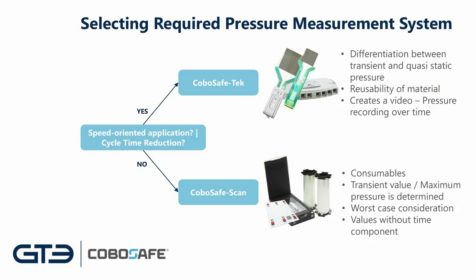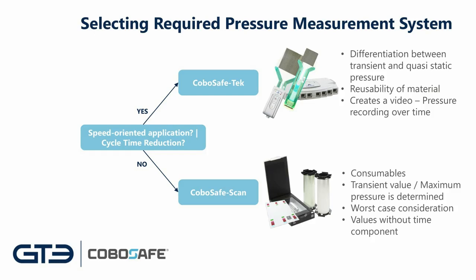It only determines the maximum pressure, that means the transient value, and is also a worst case consideration. These foils are consumables and cannot be reused, but I have to say that most integrators in the field are using that system with these pressure sensitive foils.